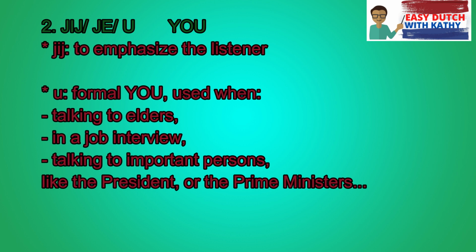After that, if he or she doesn't want you to call him or her u, they will correct you, and they will say, you can call me jij. And the last situation, when you are talking to a very important person, for example, like the president or the prime minister or the ministers.